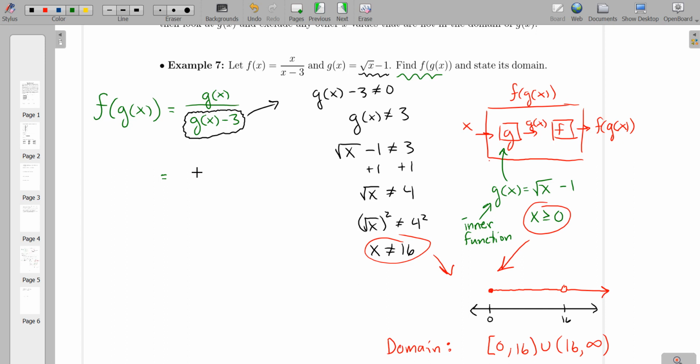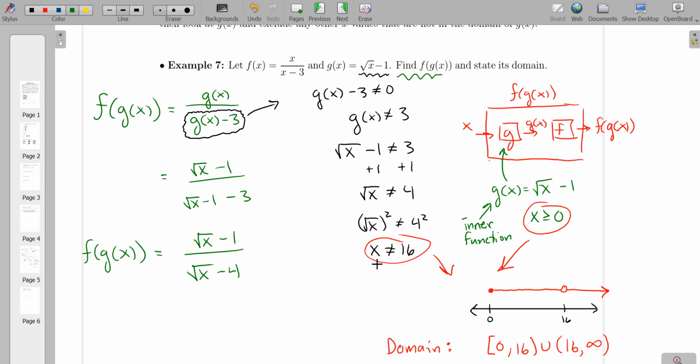So instead of g of x written here, I'll put in the square root of x minus 1. So we get the square root of x minus 1 divided by the square root of x minus 4. And that is our f of g of x.